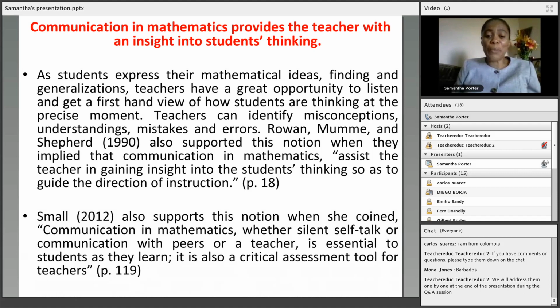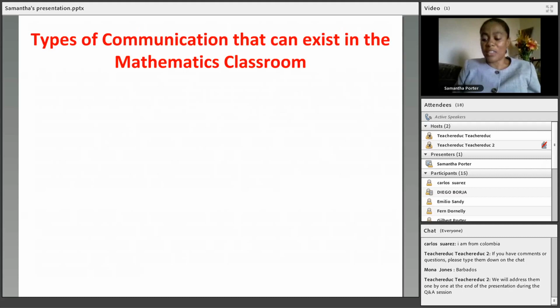Small also supports this notion when she coined these words: Communication in mathematics, whether silent self-talk or communication with peers or a teacher, is essential to students as they learn. It is also a critical assessment tool for teachers.